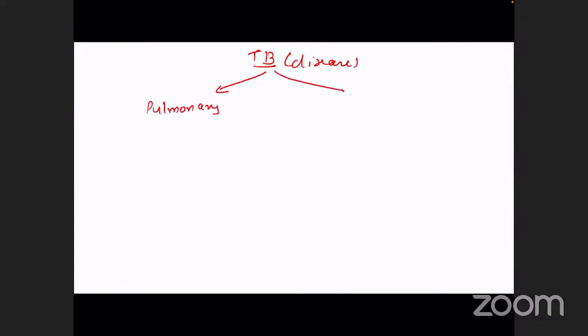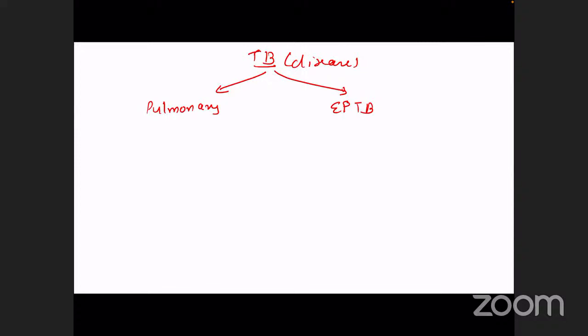So when I say tuberculosis disease, obviously it could be pulmonary or it could be extrapulmonary. Management wise, there is not much difference with respect to the drugs, but to some extent there is a difference in the presentation.